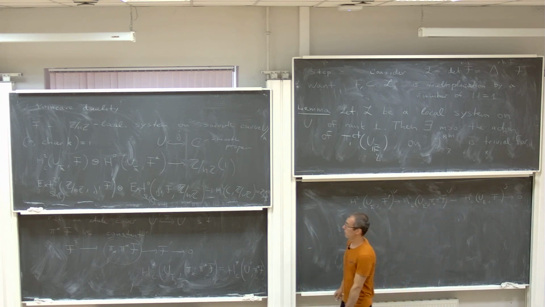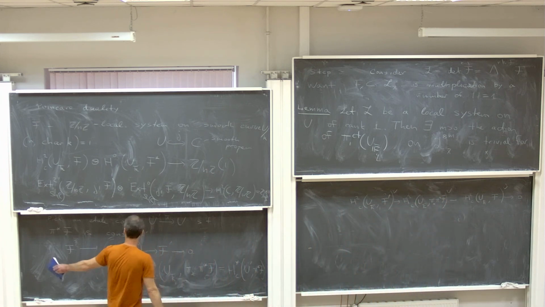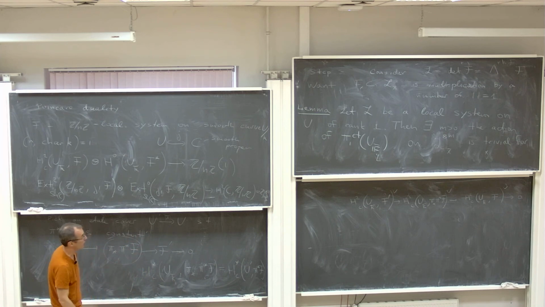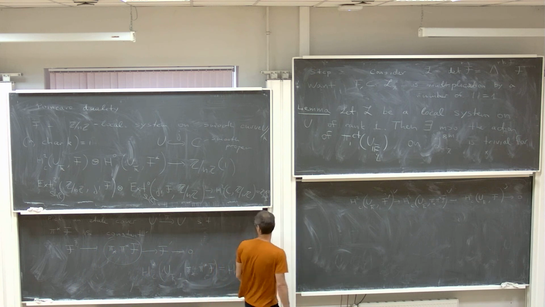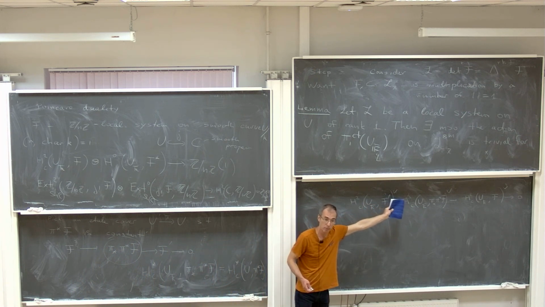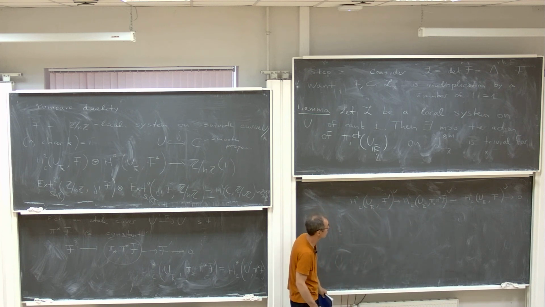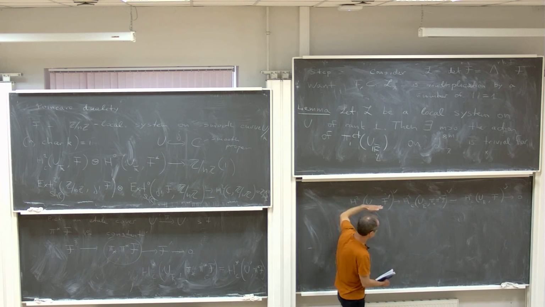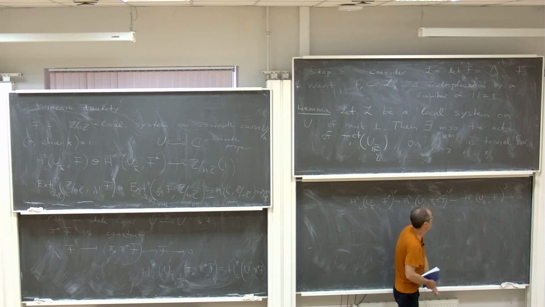You have this sequence of shifts. You look at the long exact sequence of cohomology groups, and then you dualize it. You take Hom to Z mod nZ. That's an exact functor, because for Z mod nZ-modules there is no H^2.